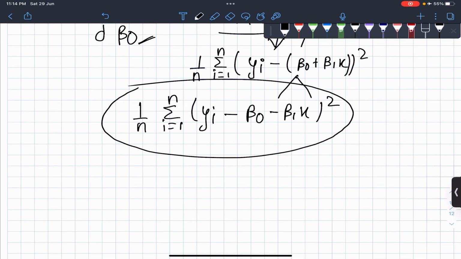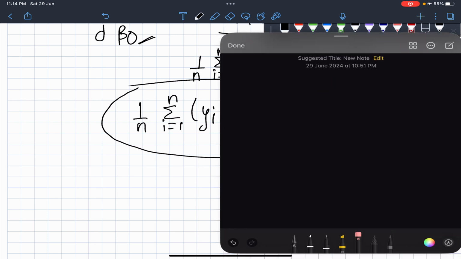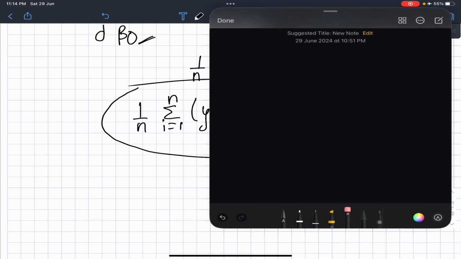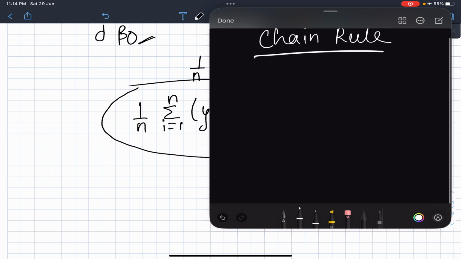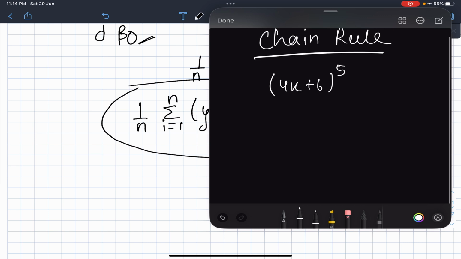Now, if you don't know what the chain rule looks like, I can tell you. Let's understand the chain rule. Suppose that we have a function 4x plus 6, to the power 5, and we want to find its derivative.